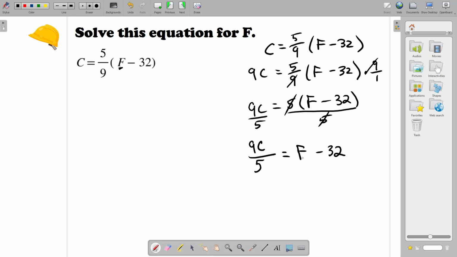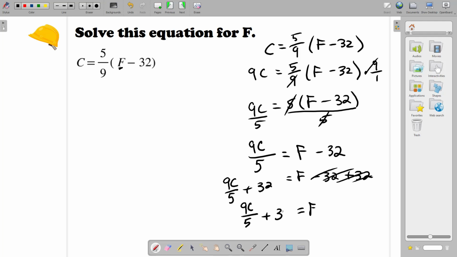Then I want F by itself, so I can do that by adding 32 to this side, so those add out, and on this side add 32, so those add out. I'm left with F, and F is equal to 9C divided by 5 plus 32.